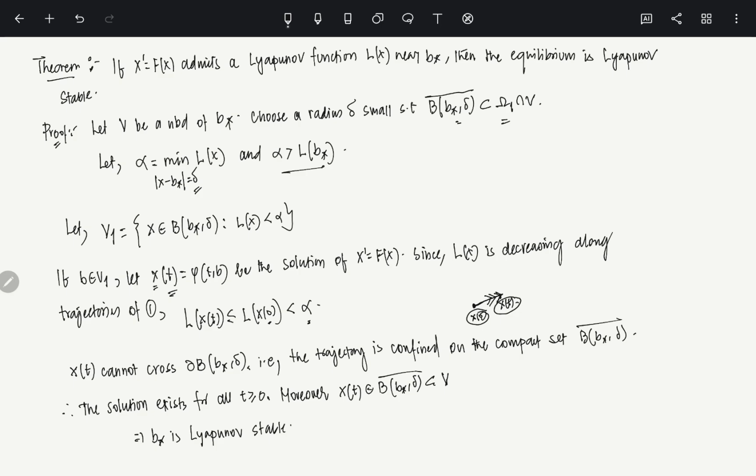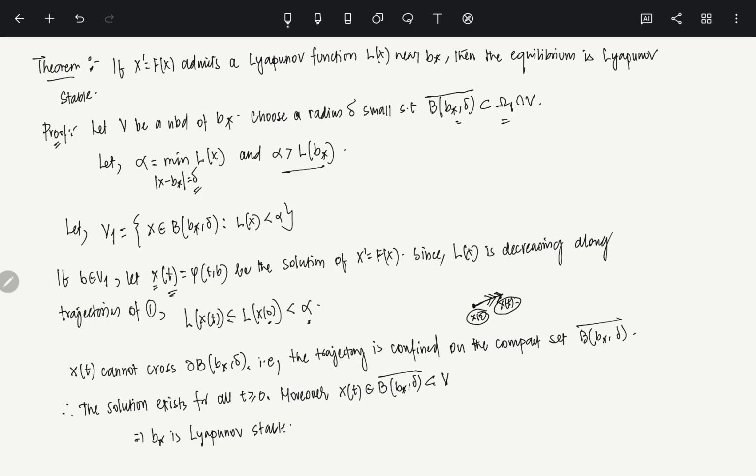You remember that theorem we did. I told you it is a very important theorem which we are going to use later also. If you can bound a trajectory in a compact set, then the solution has to exist for all time t.